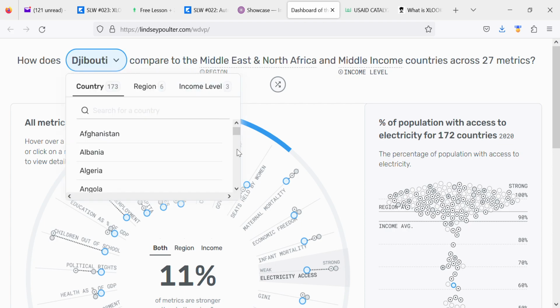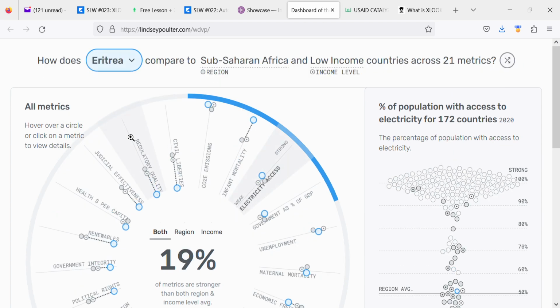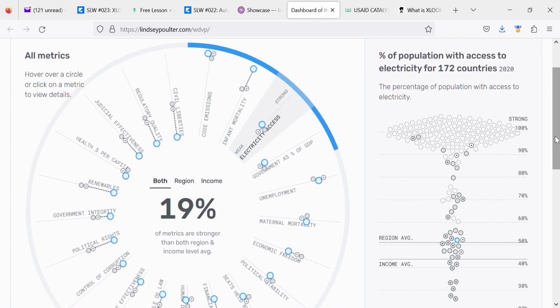Let's look at another country in East Africa. Let's look for Eritrea. Eritrea is compared to sub-Saharan Africa and low-income countries across 21 metrics. So Eritrea is rated as 19% compared metrics stronger than both region and income levels.